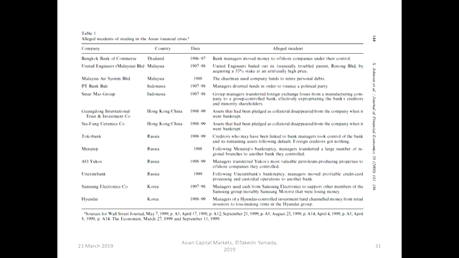Since this is small, you can read your slides, but I'll just read a few of them. The first one is Bangkok Bank of Commerce. This is Thailand. The bank managers moved money to offshore companies under their control. So they basically shifted the money outside, but this was done by a bank manager. Okay? Then United Engineers Malaysia. This incident is quite famous.